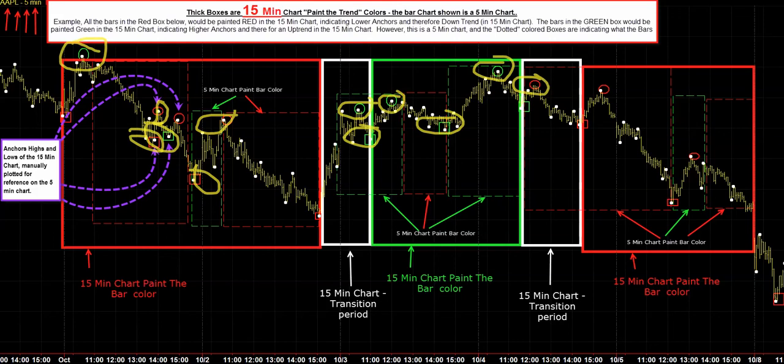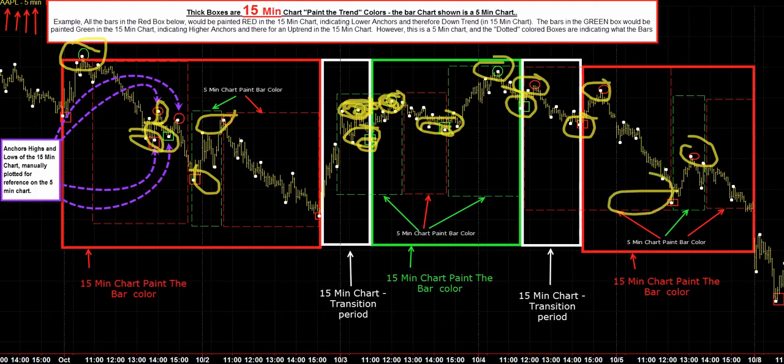A red circle is a lower high, lower high, lower high, and a green circle is a higher high, and a green square is a higher low, and a red square is a lower low.